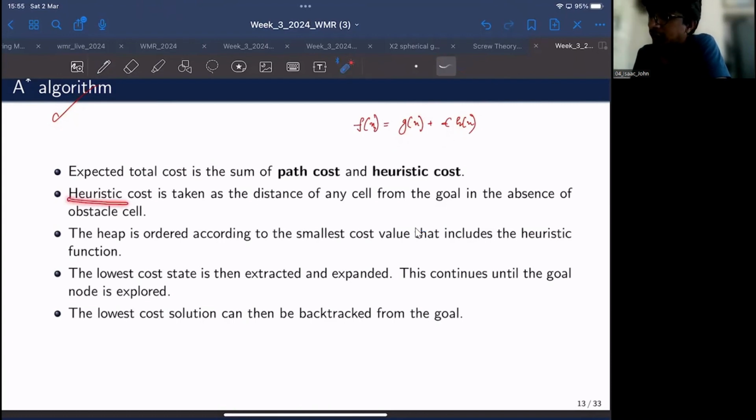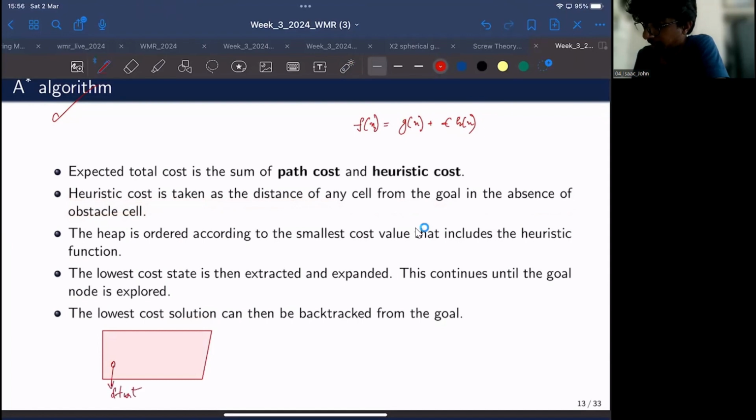So heuristic cost is basically taken as the distance of any cell from the goal in the absence of obstacles. For example, if you have an operational space, and this is the start point, and this is the goal point, the distance from its current position to the goal position, for example, consider it to be 5, that is considered to be the heuristic cost, right?